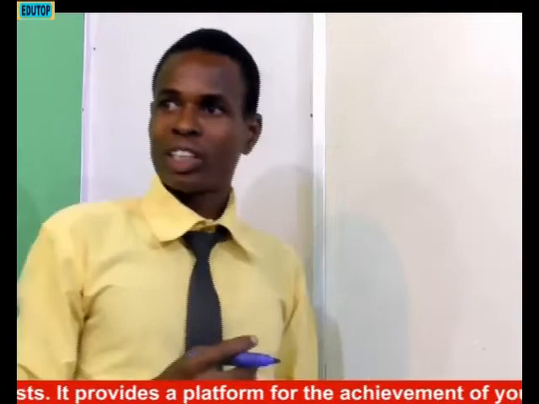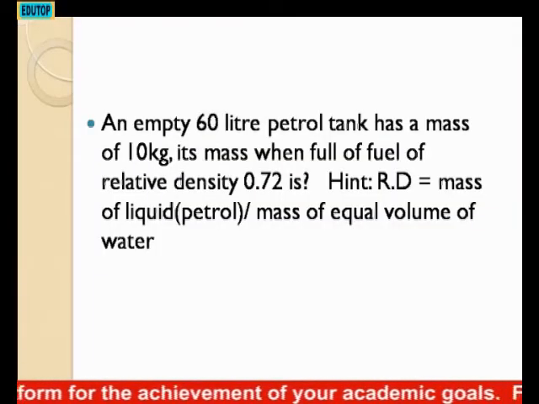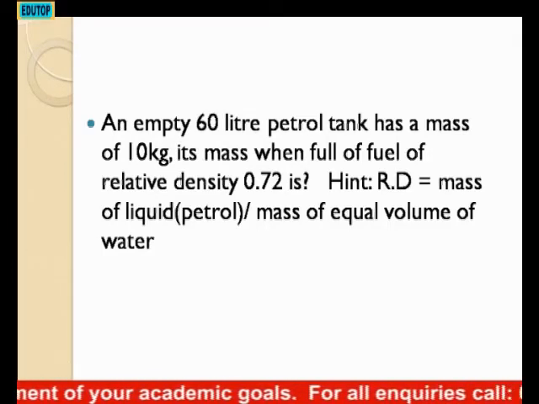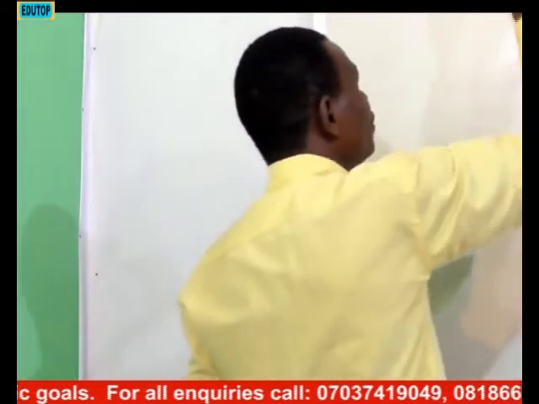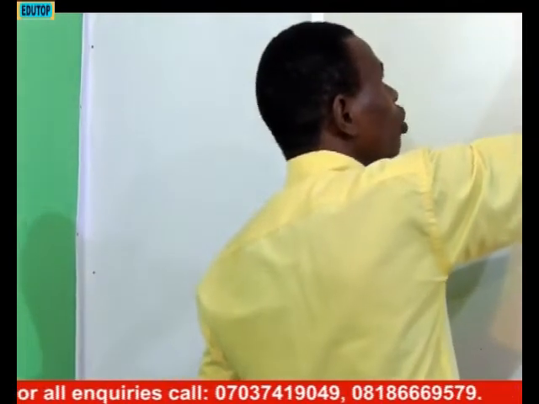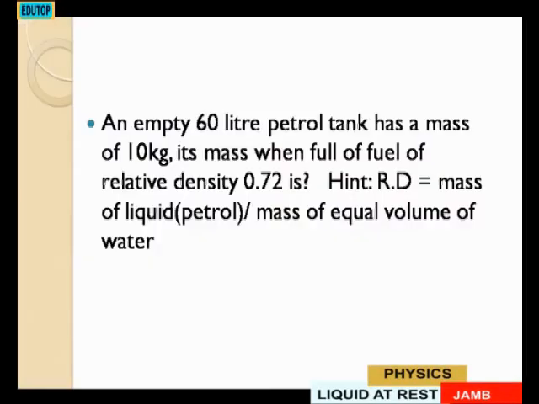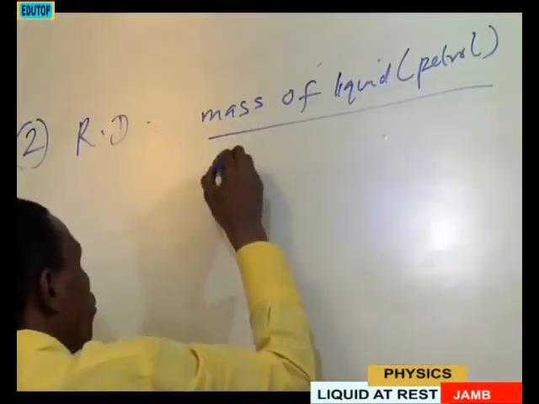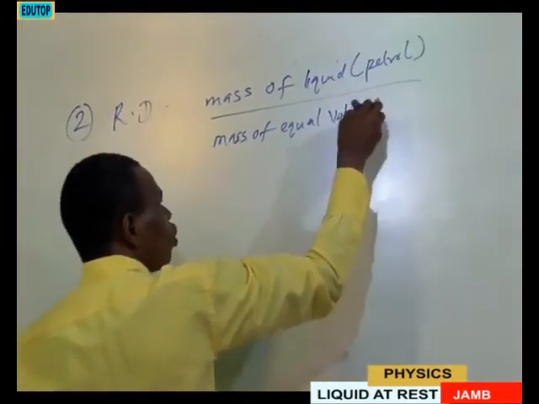Question number 2. The question says an empty 60-liter petrol tank has a mass of 10 kilograms. Its mass, when full of fuel of relative density 0.72, is... We are going to have the relative density equal to the mass of liquid, and the liquid is petrol, divided by the mass of an equal volume of water.